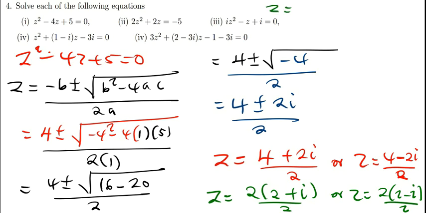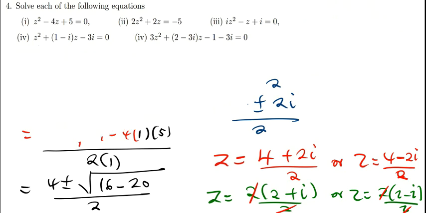These two can be cancelled out. So the first z will be 2 plus i, divided by 1, but in that case we don't write 1. Another z will be equal to 2 minus i. So in this case the value of z is 2 plus i or 2 minus i. As simple as that. That is it for the first part.